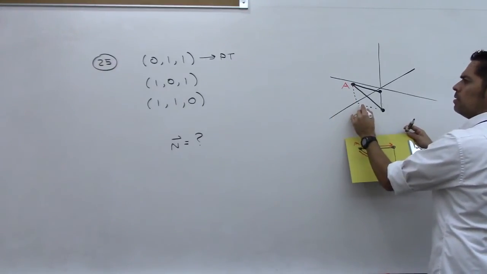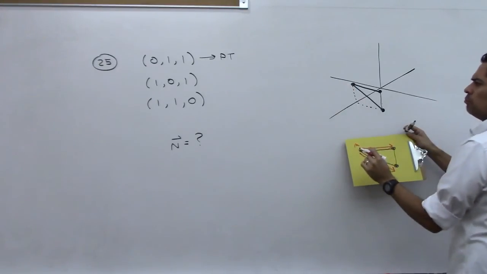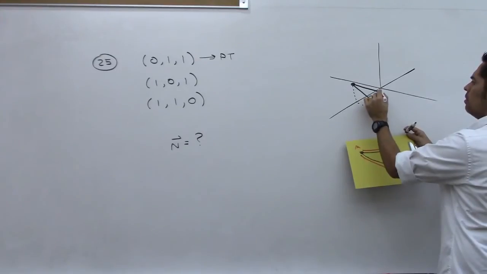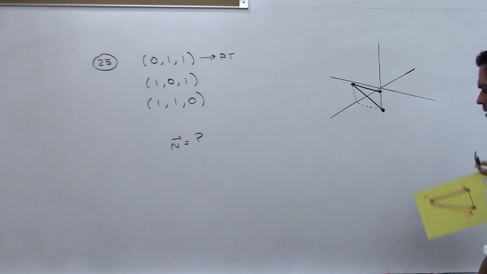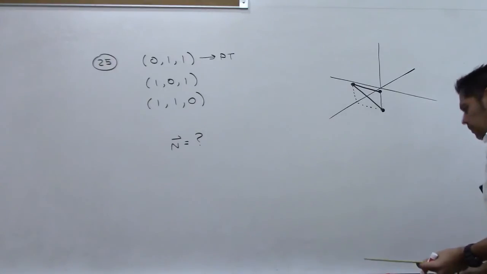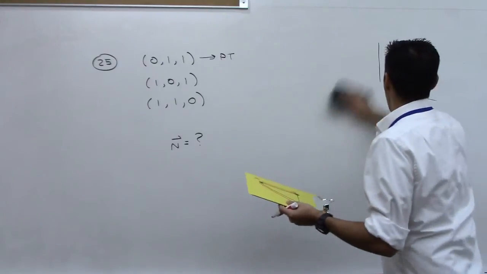B was, oh sorry, no. A was, what was A? 0. Oh, hold on. 0, my picture's wrong. Start this over.